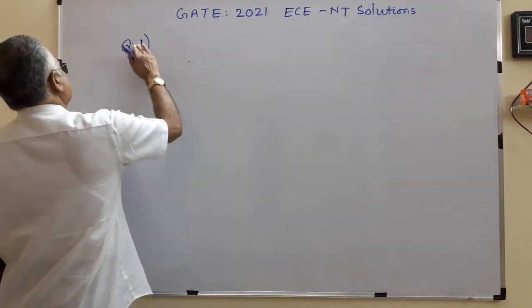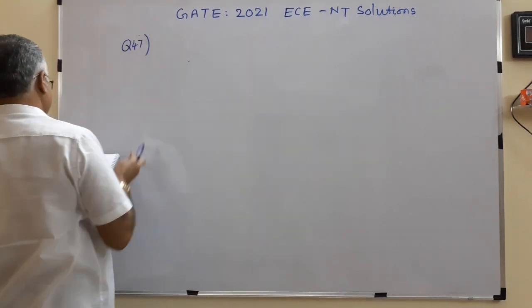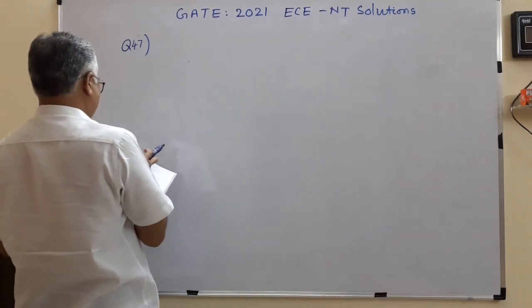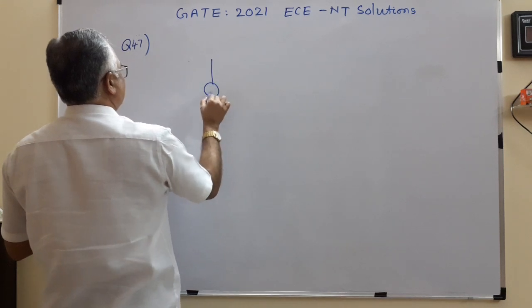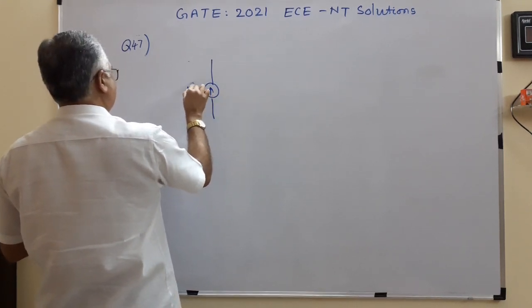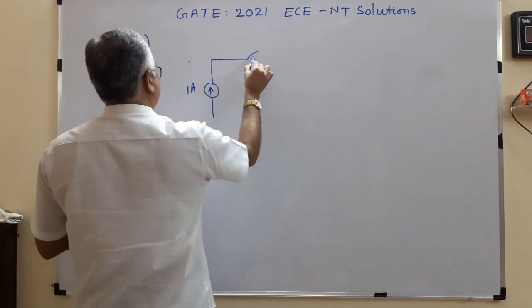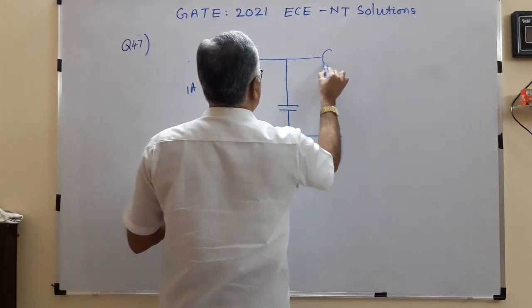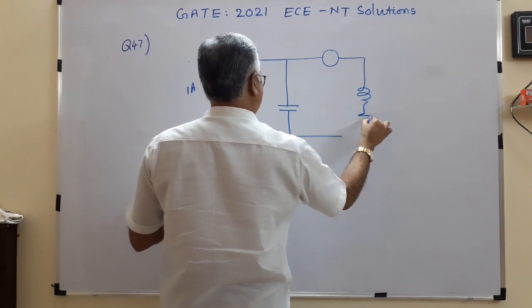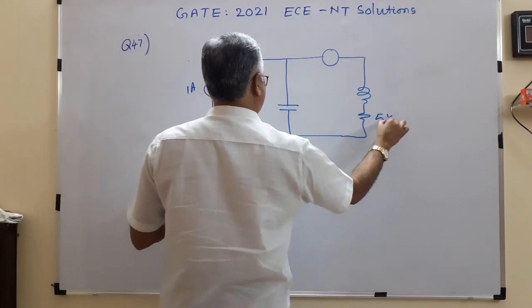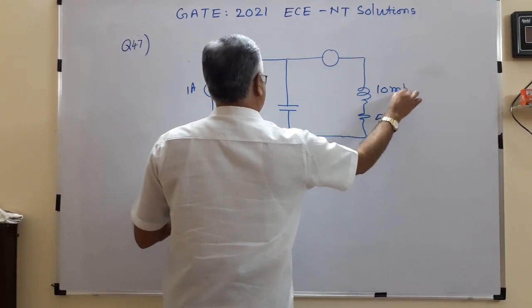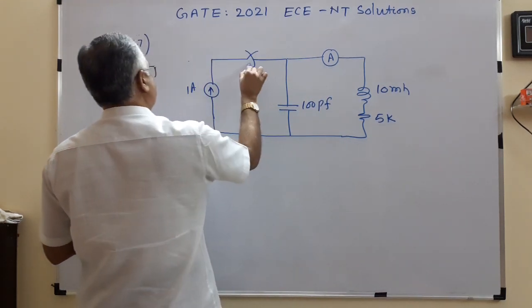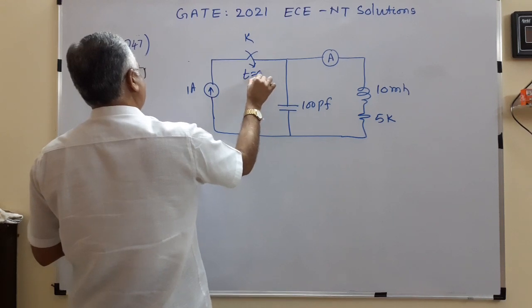Question number 47. The switch K is closed at t equal to 0.